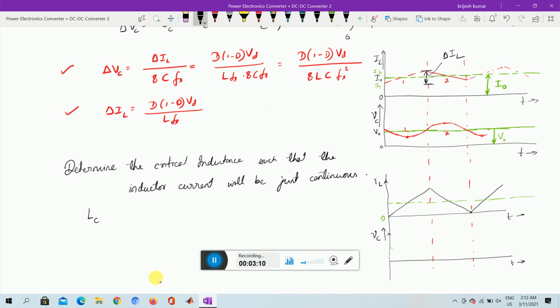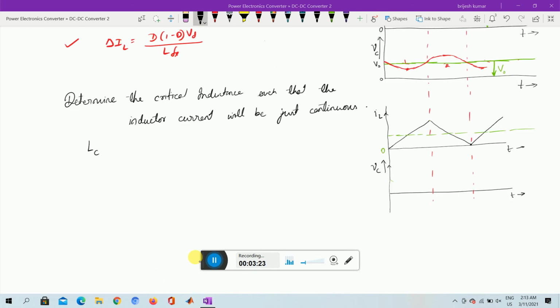The value of LC is the critical inductance which will result in the inductor current being just continuous. So for the just continuous case, we can write the value of del IL and substitute this value.